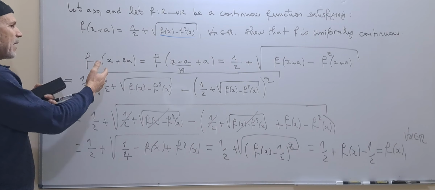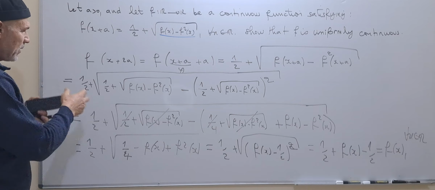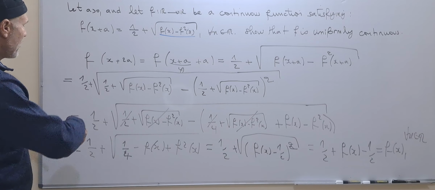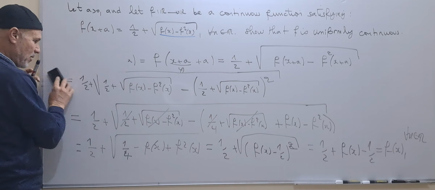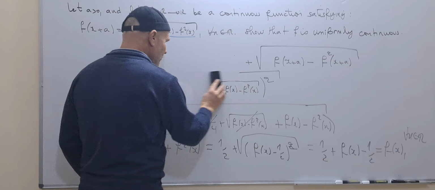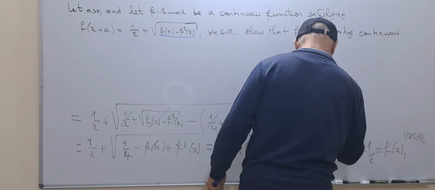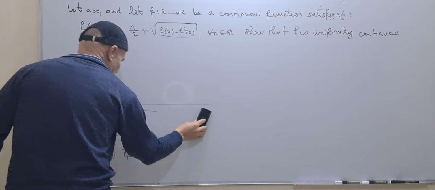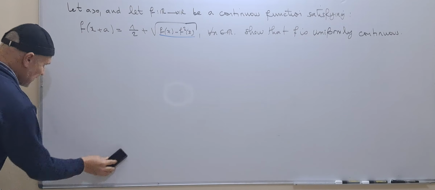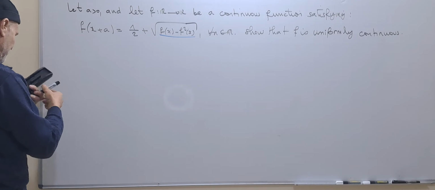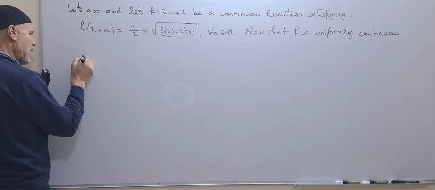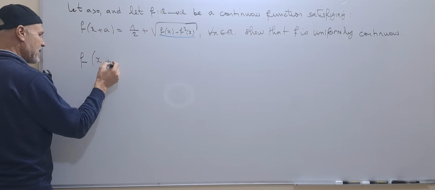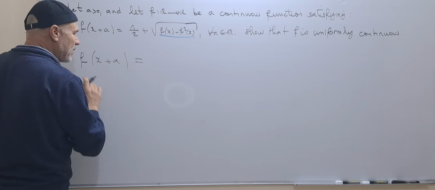Suppose that we are not able to do it with this easy way. So the second way, the basic one, we start from f of x plus a, this one.